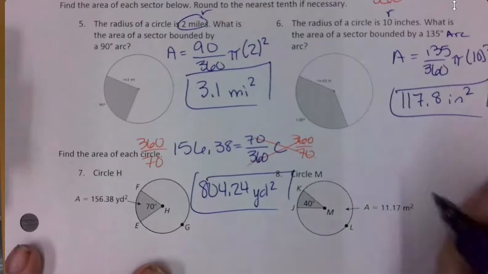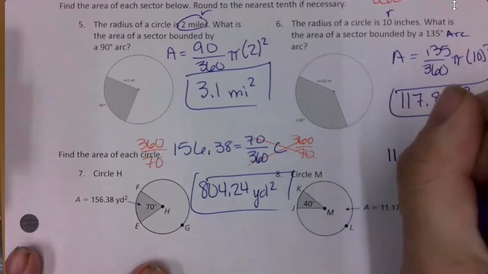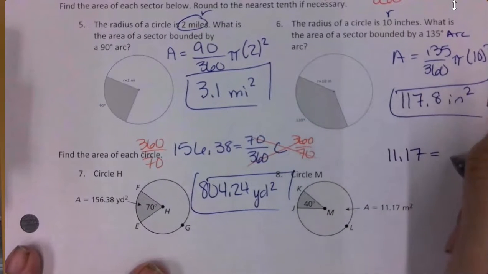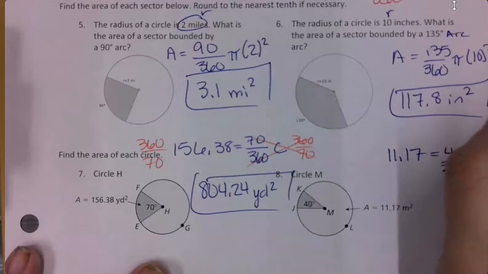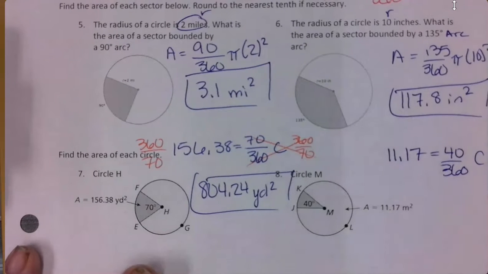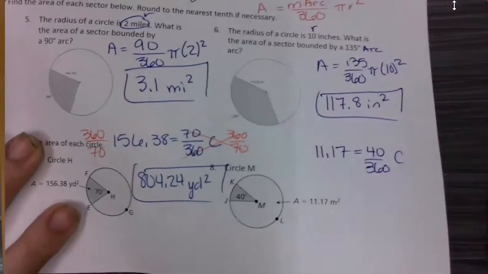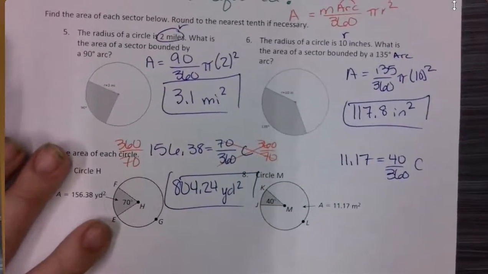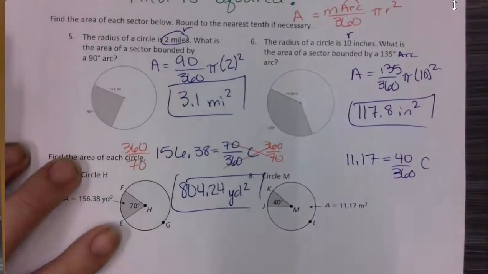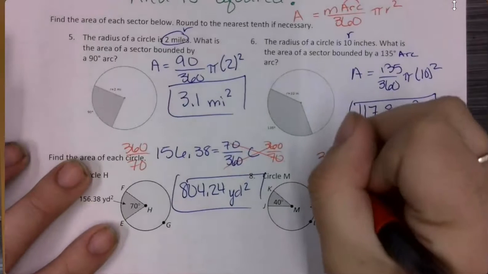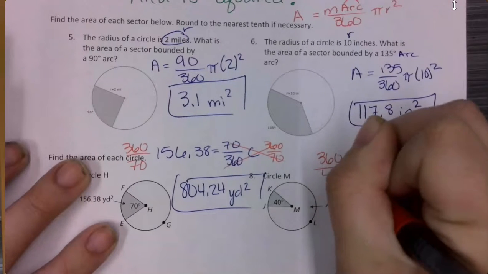The next one, I know my area is 11.17. I know it is 40 out of 360, and I know my circle area is C. So again, I want to get the C alone. So I'm going to multiply both sides by 360 over 40.